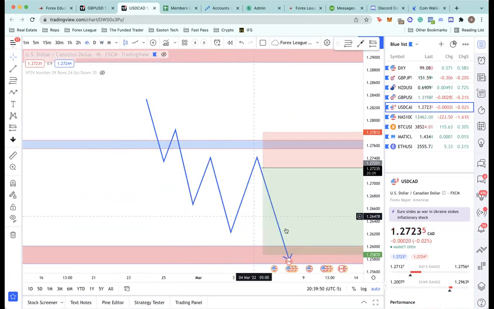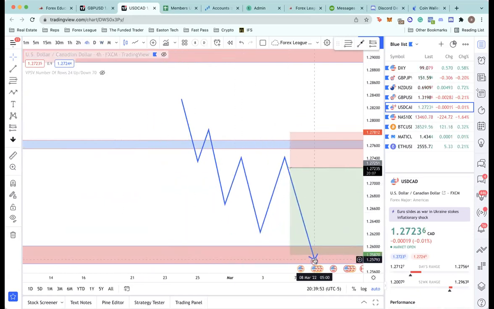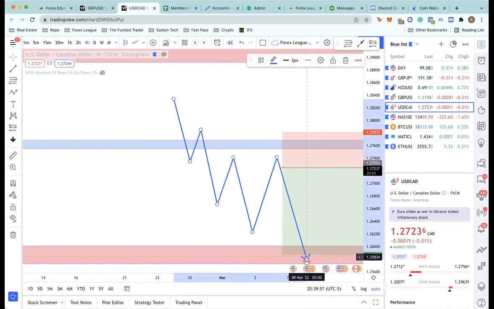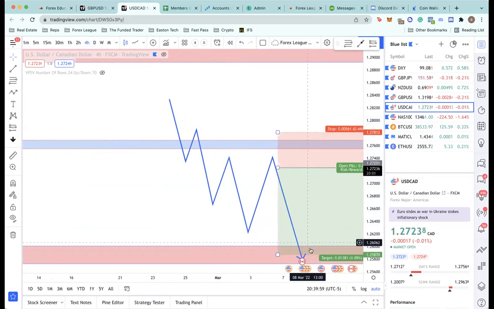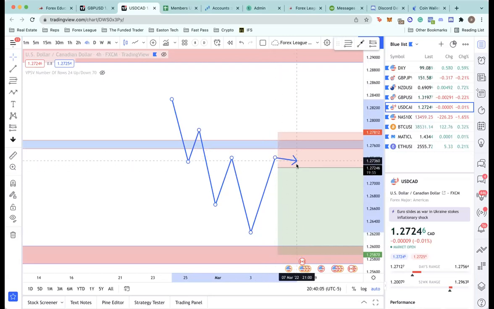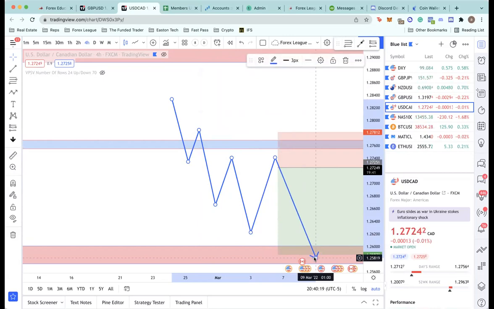So according to how we look at structure, this is where we are currently at, right here. And this is a lower high. This would have been a great trade. That would have been a great trade. This is the same area as this and this, right? So this is a potential area to take a sell. This would be a great area to enter in.